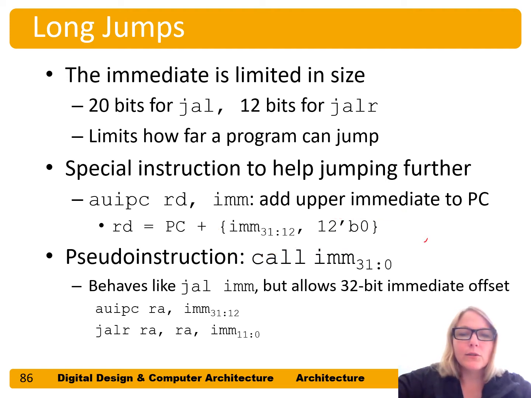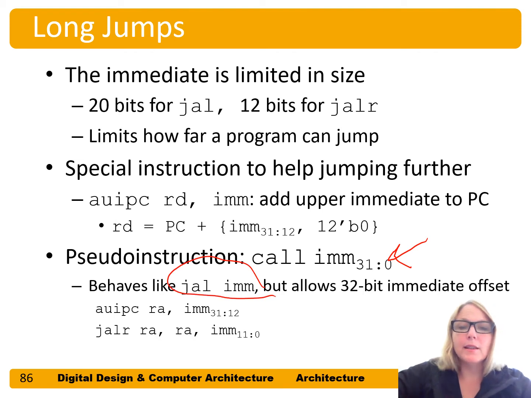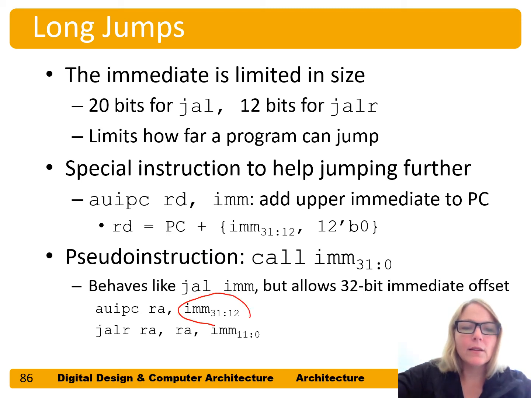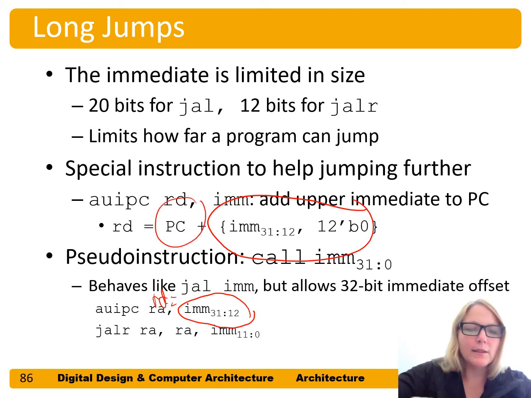So this pseudo instruction call, giving the entire 32-bit address, behaves like a jump and link immediate, but allows for that 32-bit immediate. So we add upper immediate PC, we add some value to the PC, and so this RD is going to be equal to this upper immediate plus the PC.